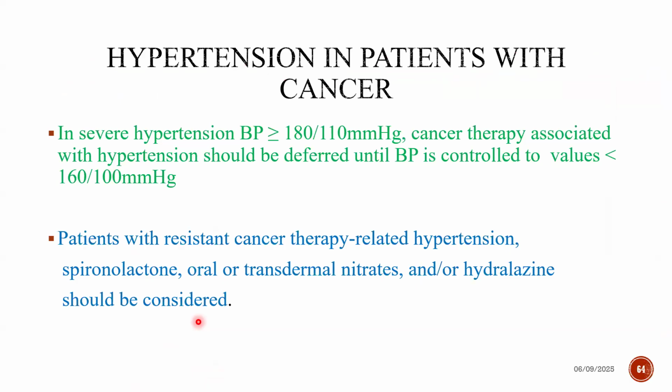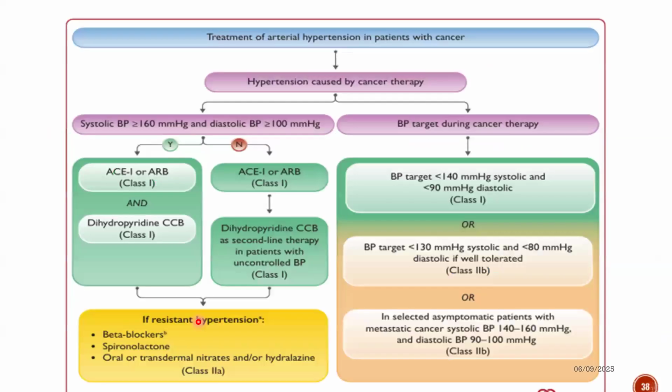In patients with resistant cancer therapy-related hypertension, spironolactone, oral or transdermal nitrates, and or hydralazine can be considered as an additional treatment modality. Again, this table is also a summary of what has been mentioned.